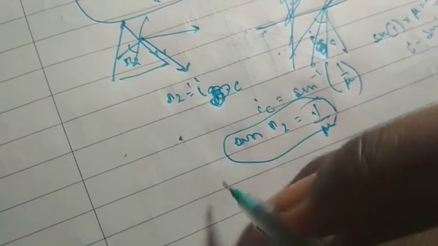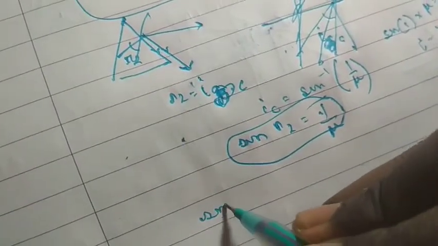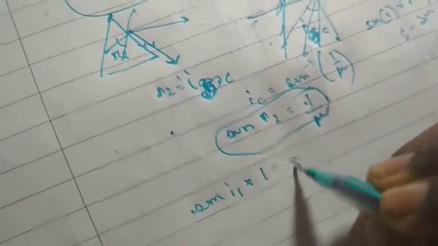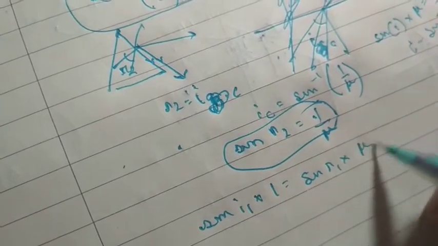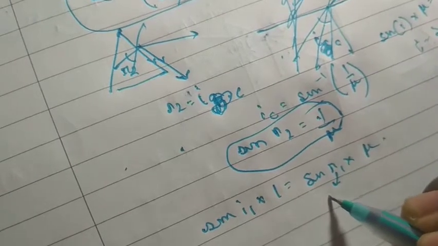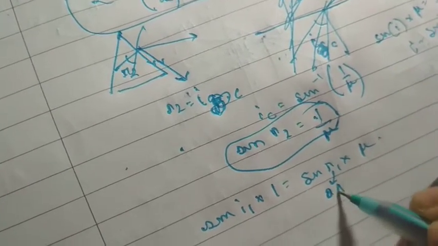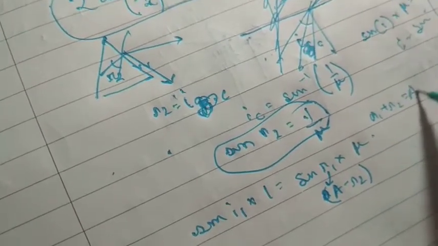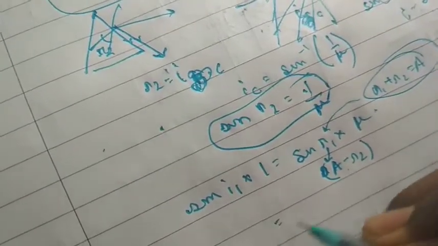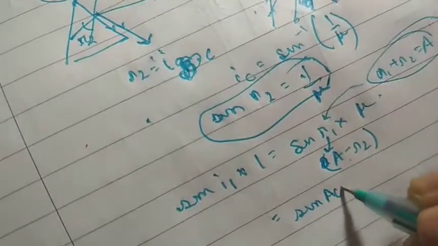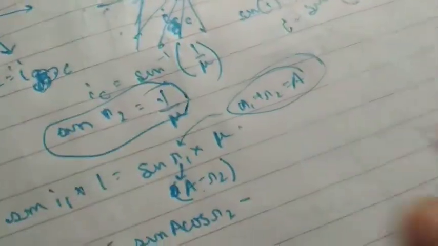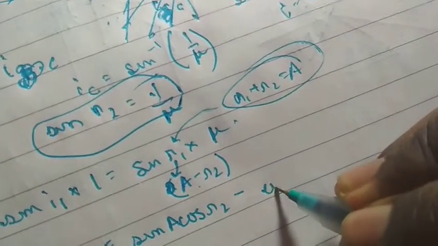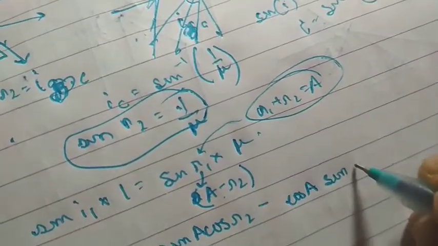That's a better equation. Now we know that applying Snell's law in the first surface, sine I1 times 1 equals sine R1 times mu. We know that R1 is A minus R2, from the equation R1 plus R2 equals to A. So we can just expand this: sine A cos R2 minus cos A sine R2.